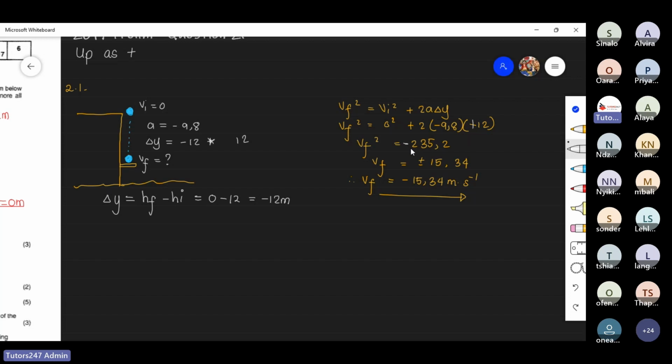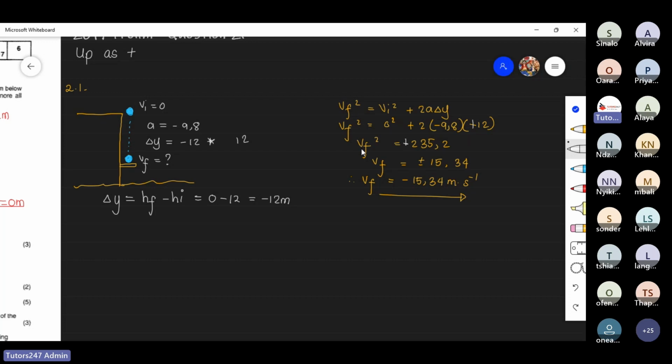That is an indication that you've made an error or that your signs are incorrect. So if you are not sure where the error is, just go back and change one of your signs. Or just make this negative a positive, just so that you can continue with the question if you have no idea where your error is. That way you can at least get some of the marks.